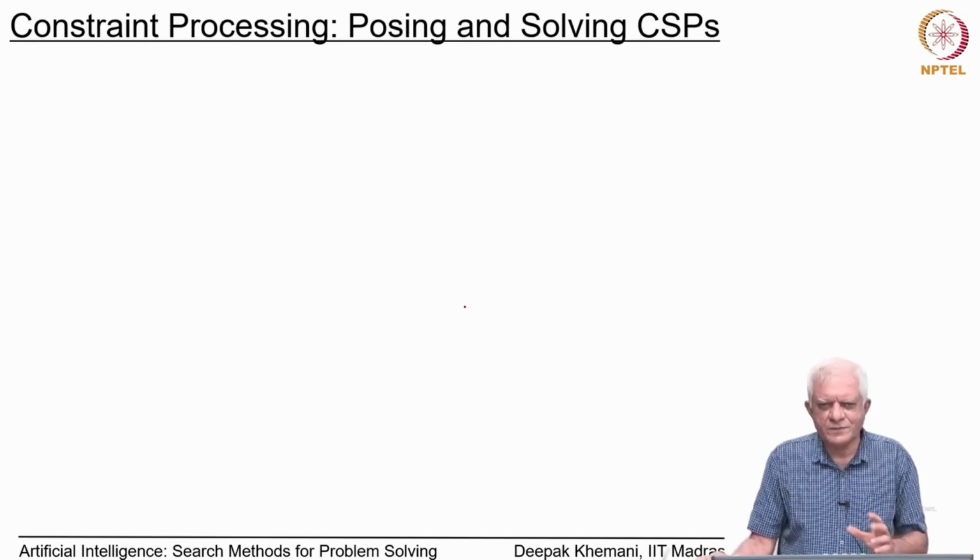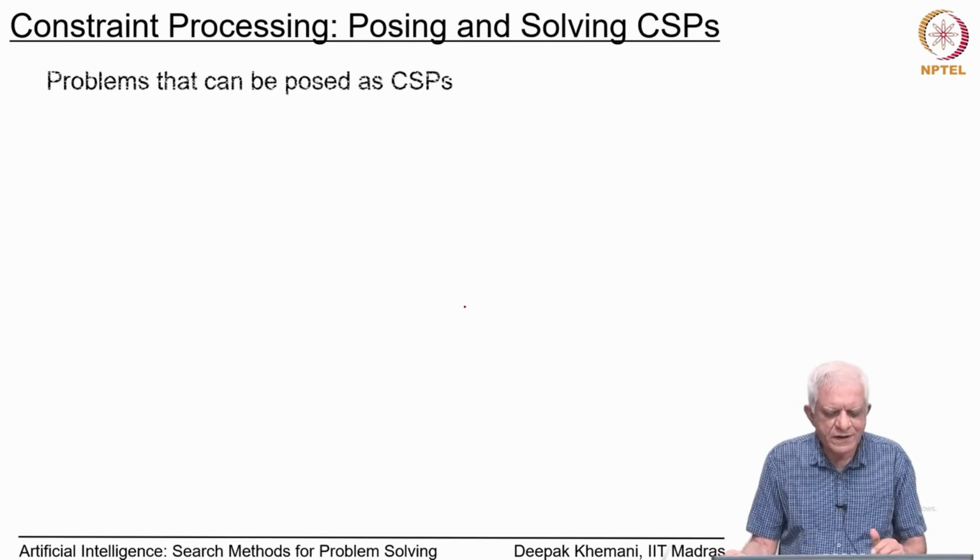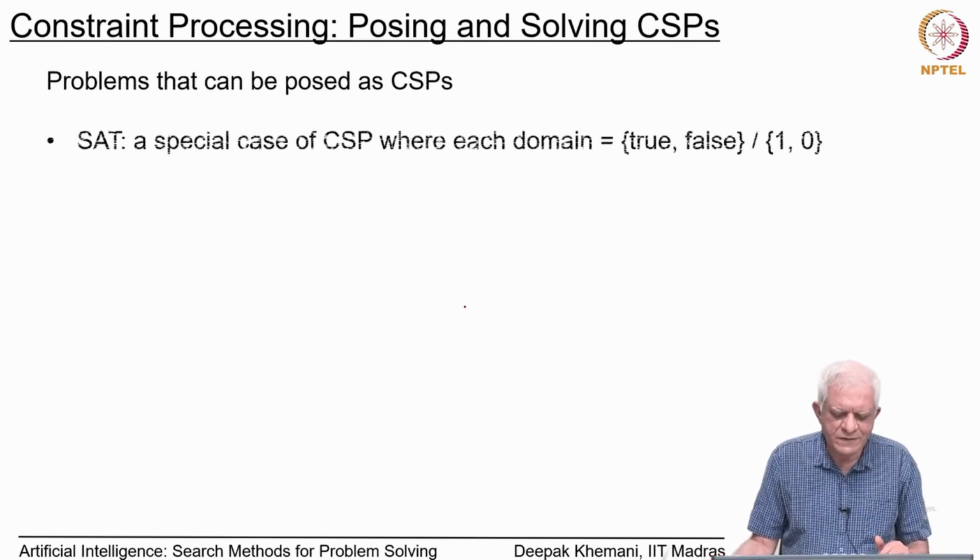We have talked about posing problems as constraint satisfaction problems, and we have seen some examples of what kind of problems can be posed as constraint satisfaction problems. So, let us just do a recap of this kind of a thing.